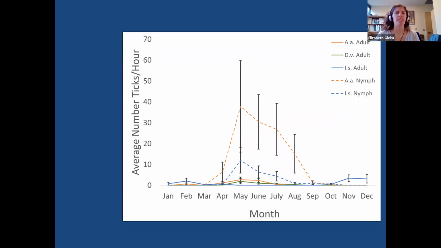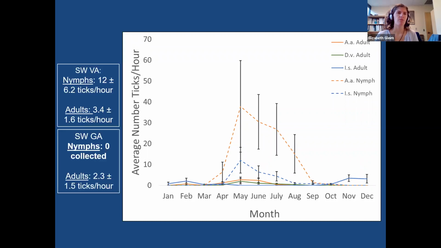But the other thing that was really fascinating to us, and was what we were expecting to see, but it was nice to actually have validation, was that we are seeing a very distinct, pretty high peak in black-legged tick nymph activity. And that was exciting because of those behavioral differences that have been observed in northern versus southern black-legged tick nymphs.